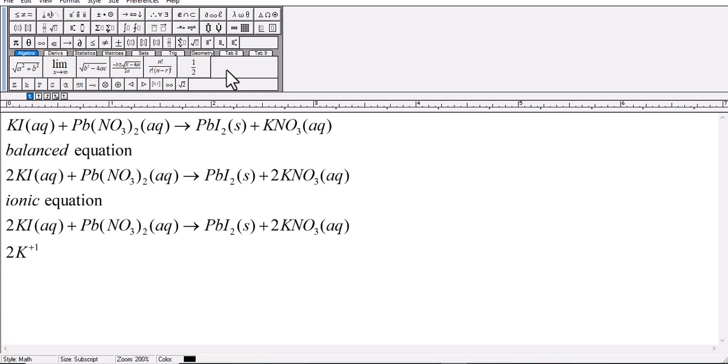So I'm going to say plus 1, but I know how many I have, 2 of them. And remember, they are in an aqueous state. Very important. And then I have 2I, so 2I minus 1. Very, very important. It's also in an aqueous state. Plus, I'm done with this. Now I am here.